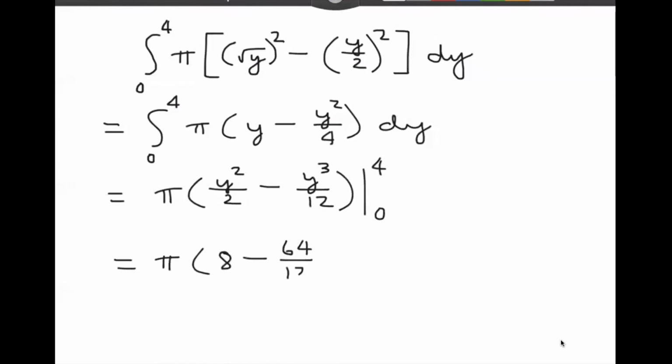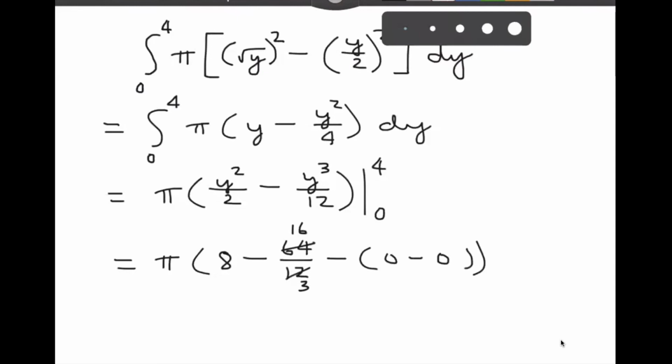We can simplify that. And then I'm just going to put over here, substituting 0 into both of those gives you 0. 64 and 12 have a common factor 4. So that's going to reduce to 16 over 3. And then multiplying 8 by 3 over 3.